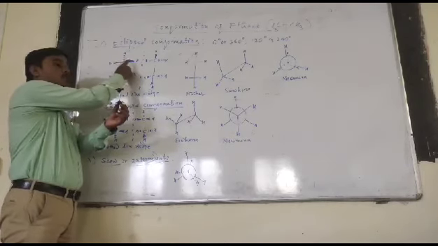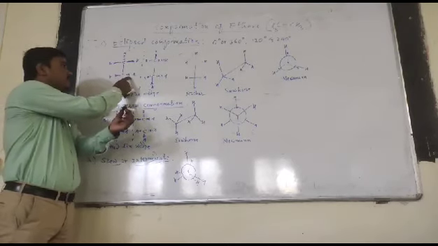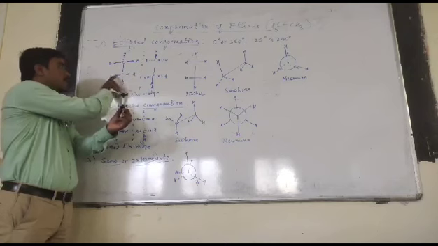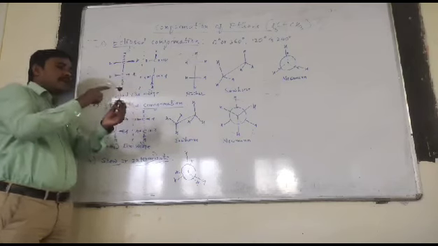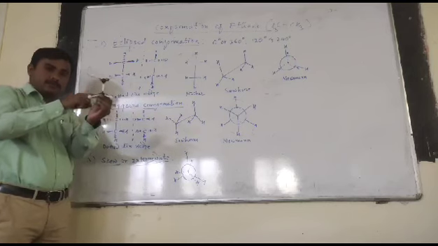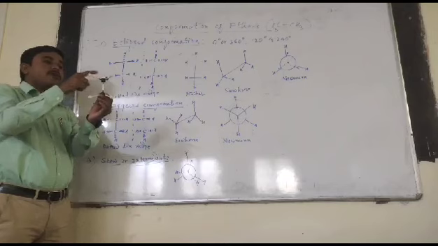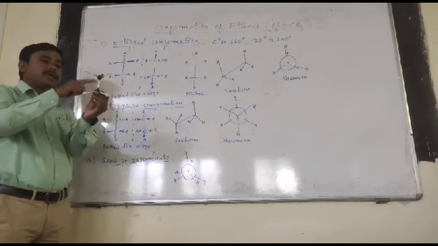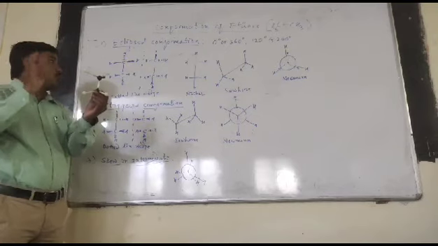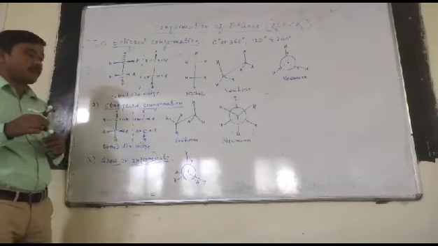Again, these two hydrogen atoms are present towards the observer, and they are represented by wedge lines. The hydrogen atom marked by the red stripe is present away from your observer, and hence it is represented by the dotted line. So this is the dotted line wedge projection formula.